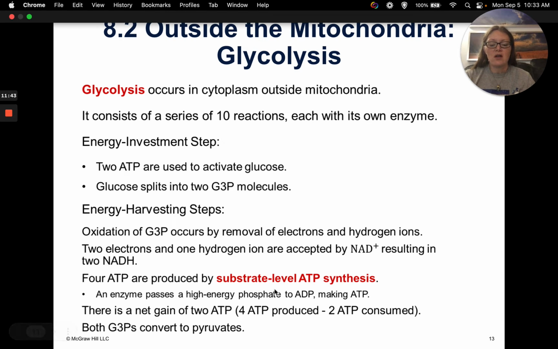So it sounds kind of complicated, but basically it means that the glucose is broken down into 2 pyruvates and 4 ATP have been produced. Net gain of 2 ATP, again, because we had to use 2 to get that ball rolling. We did gain 4, but because we had to use 2, only 2 of those really count.